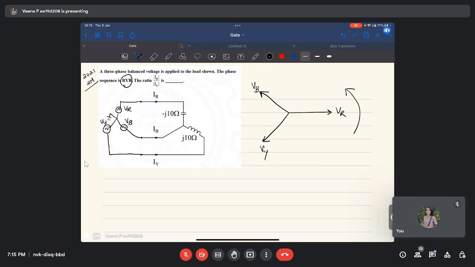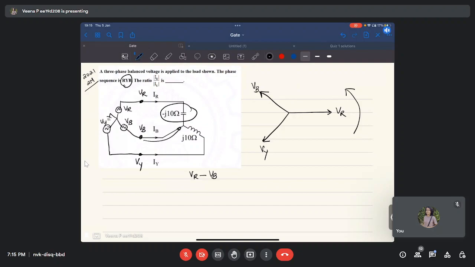If I am grounding this terminal, the potential at this point is VR. The potential at this point is VB. The potential at this point is VY. So what is the potential across minus j10? It is VR minus VB. Is there any doubt on that?